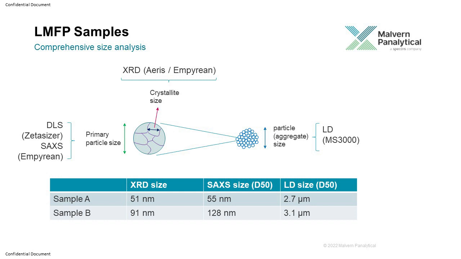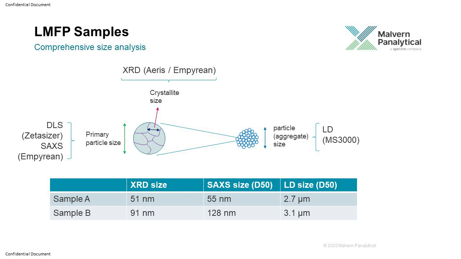Then the primary particle is one of these particles, and this size is typically from 40 to 200 nanometers. Within the primary particles there can be internal divisions, and this is the crystallite size. The largest crystallite size can be the same as the primary particle size, but if it is smaller, then you know that there are defects.